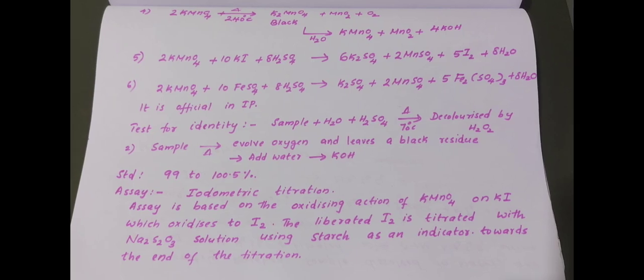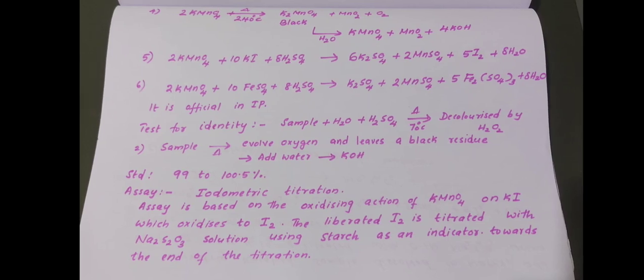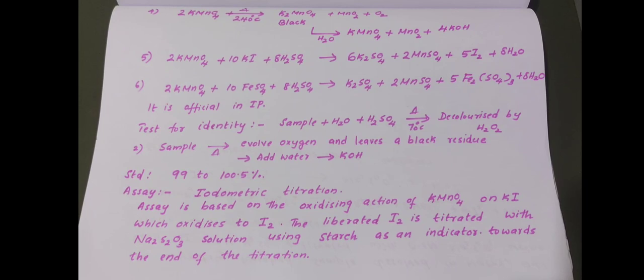Then next one, potassium permanganate treated with potassium iodide in the presence of acidified medium like sulfuric acid. Potassium iodide is oxidized to get iodine: 6K2SO4 plus 2MnSO4 plus 5I2 plus 8H2O.